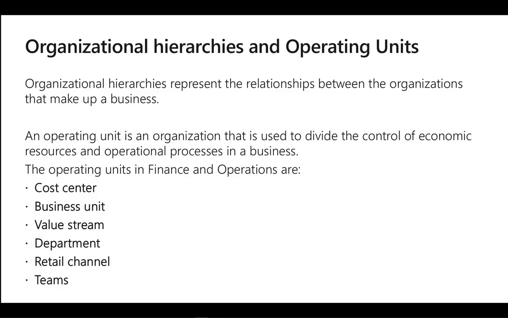This is part of the fleet management sample module and is not installed as part of a production environment either. Region, an operating unit that represents a geographic area of the business. This is also part of the fleet management sample module and is not installed as part of a production environment.